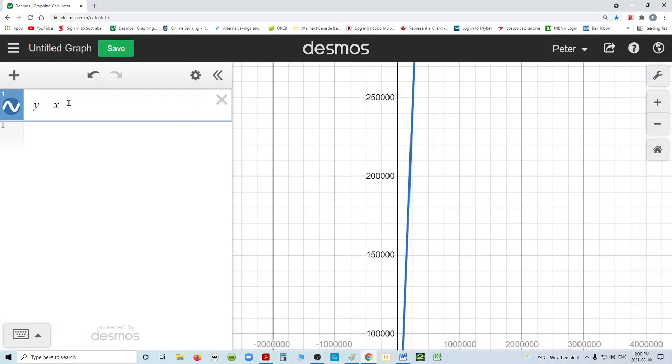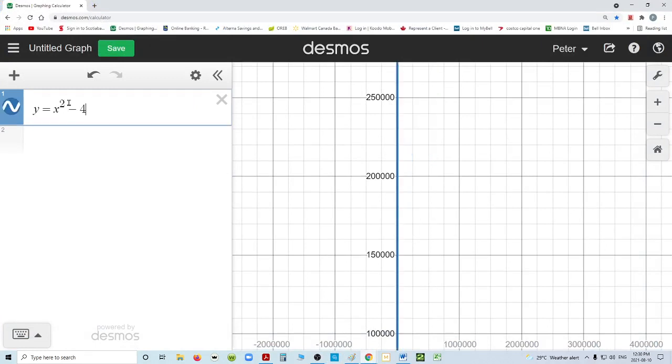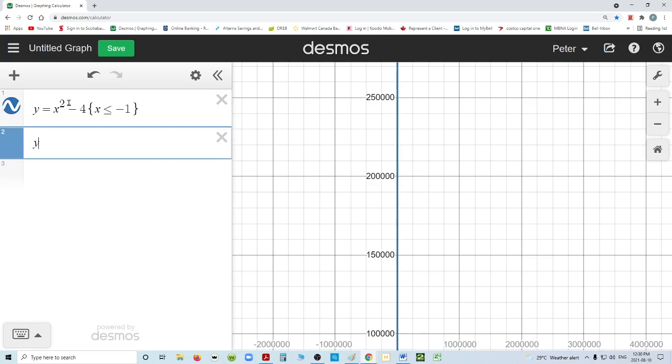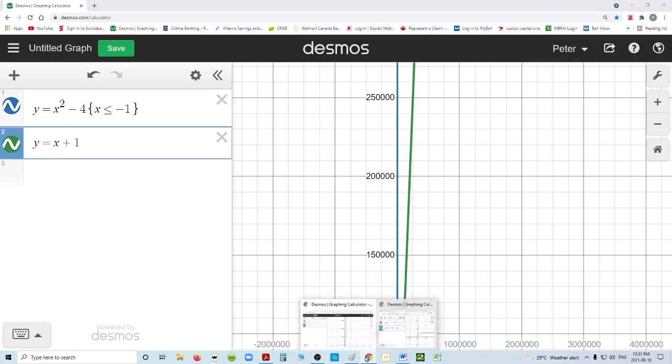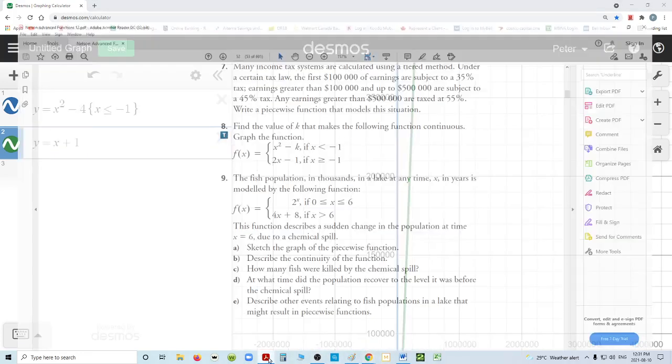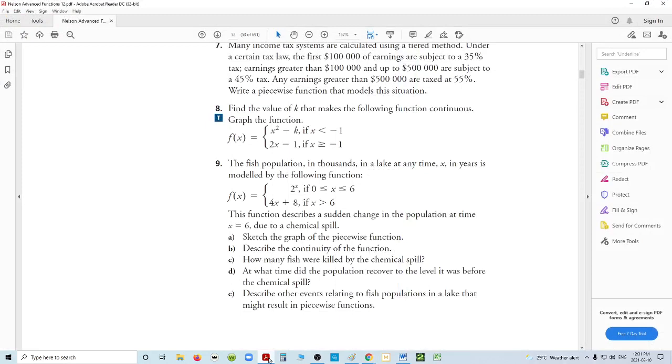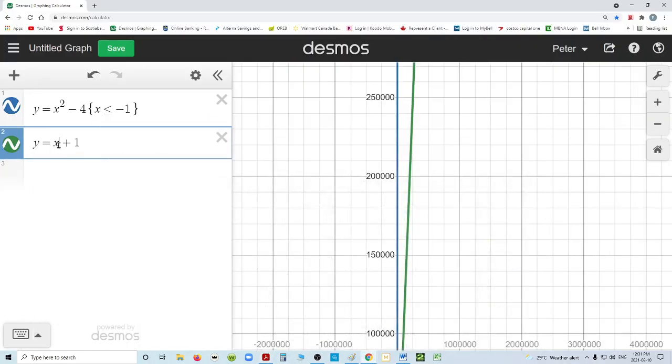so you get y is equal to x squared minus 4, and I think when x is smaller or equal to minus 1, and we'll say y is equal to, was it x plus 1? Let's see. It was 2x minus 1, and x squared minus 4. 2x minus 1.